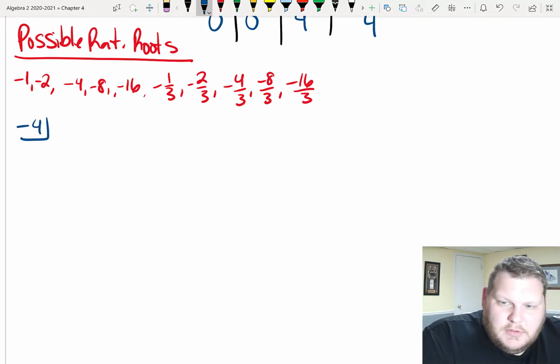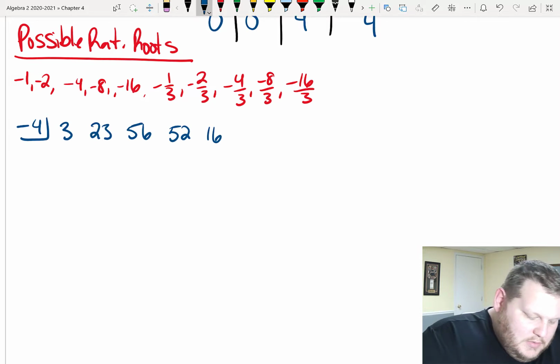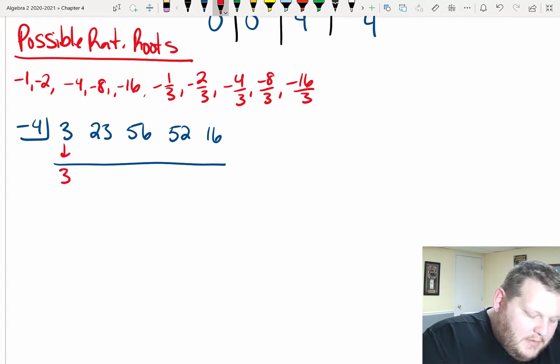Our original coefficients were 3, 23, 56, 52, and 16 all the way across. So from here, we're going to drop it down. That's a 3.